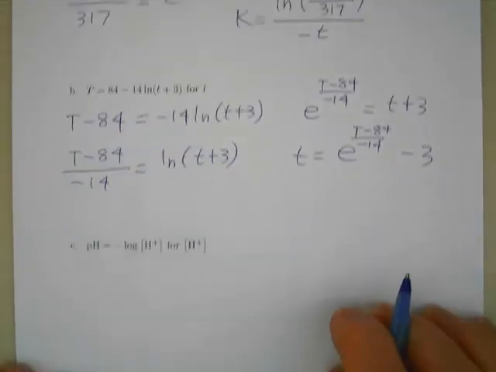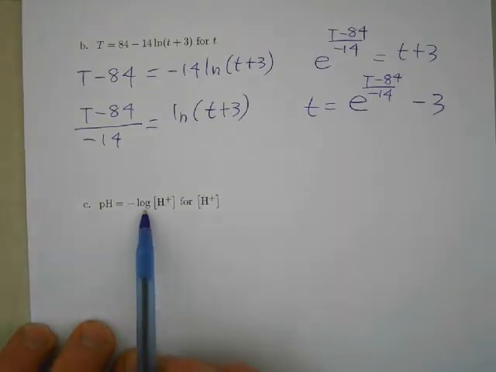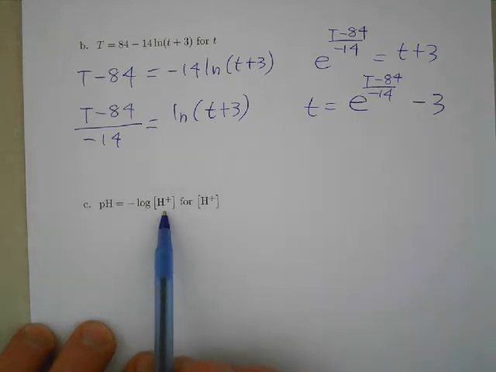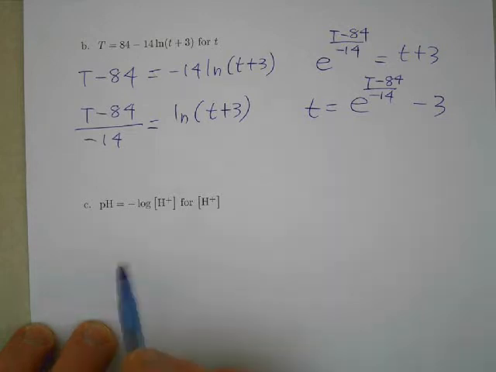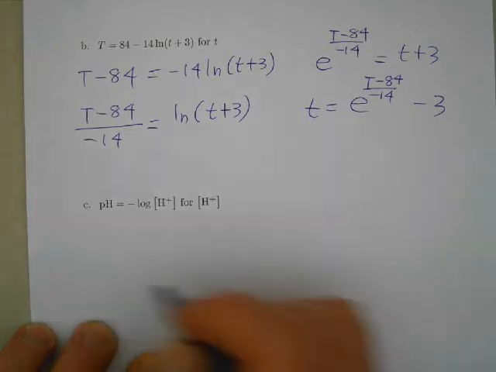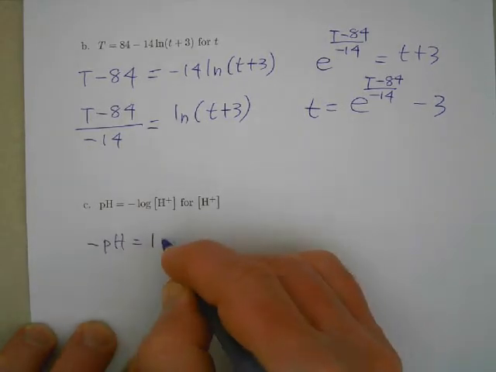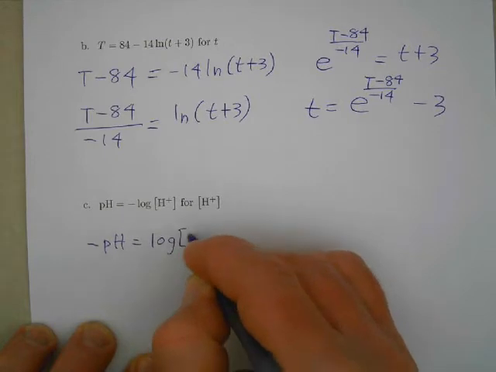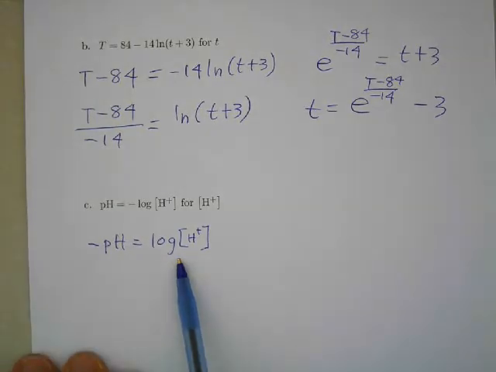In the next equation, the pH is equal to the negative base 10 logarithm of the hydrogen ion, and we solve for the hydrogen ion. So the first thing we can do is multiply both sides by negative 1, so we get the negative of the pH equals the base 10 logarithm of the hydrogen ion, and then we can convert this logarithmic equation into its exponential equation equivalent.